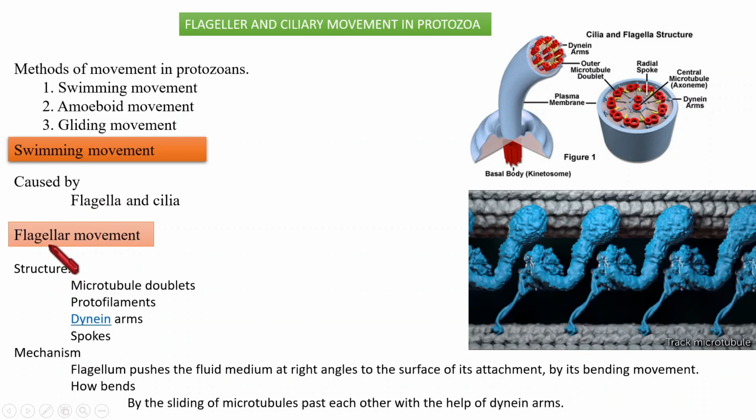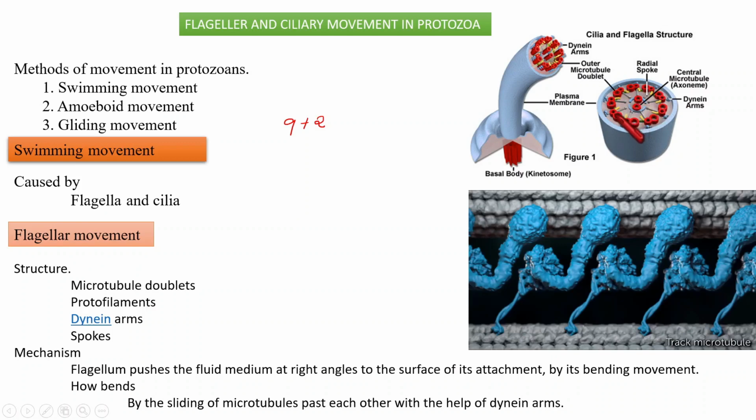If we take a cross section of the flagella, we can see a 9 plus 2 arrangement of microtubules inside. This is the cross section of the flagella. 9 plus 2 means 9 sets of doublets, and in the center, one more duplex.